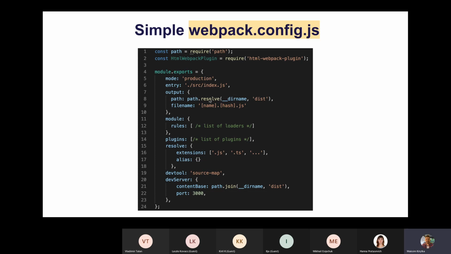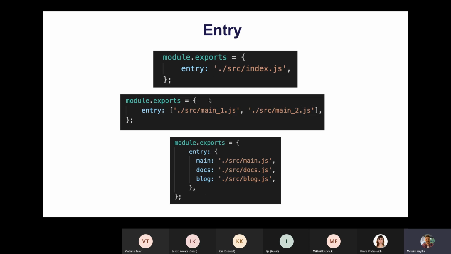And on the next slide, we will talk about entry. Again, this is a property in the Webpack configuration. So Webpack usually starts with an entry file, and from there it bundles all the code needed for that entry file.